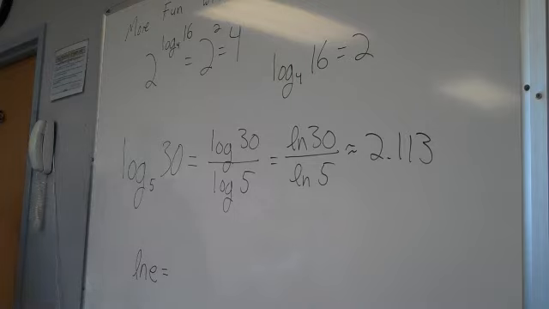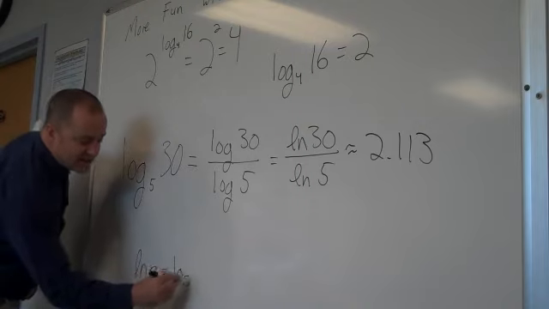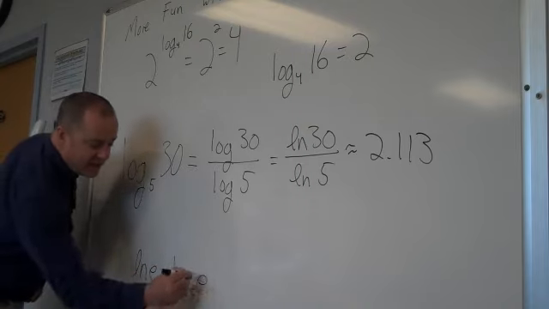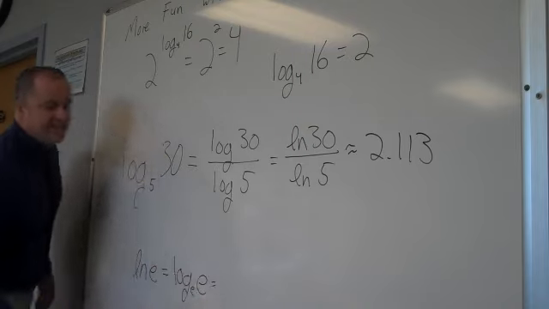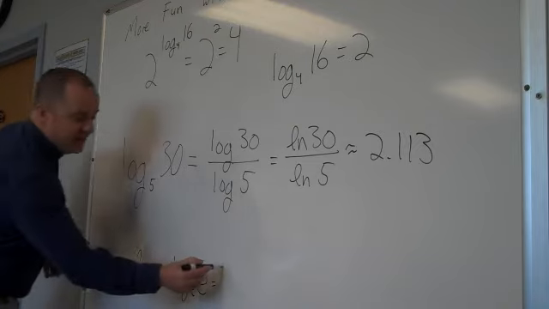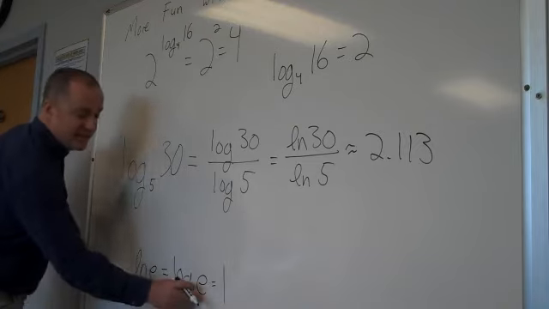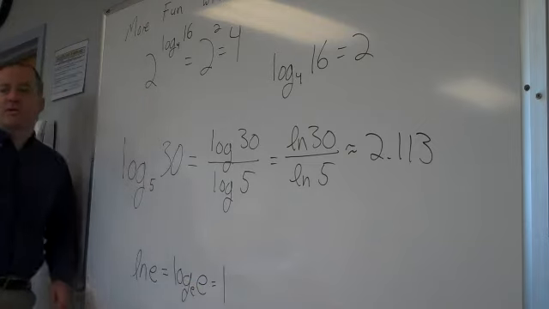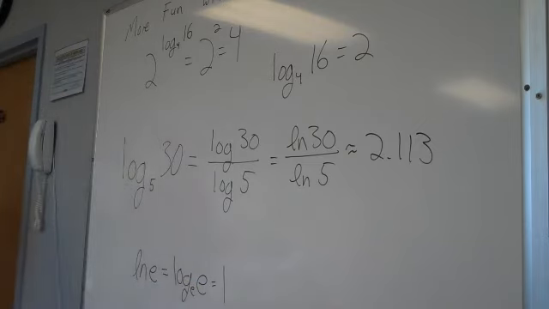Well, this is the same thing as log base E of E. So the question is, E to the what power equals E? 1. It's a simpler question than you're thinking. If you have the same base and the same answer, the exponent has to be 1, because anything to the first power is itself.